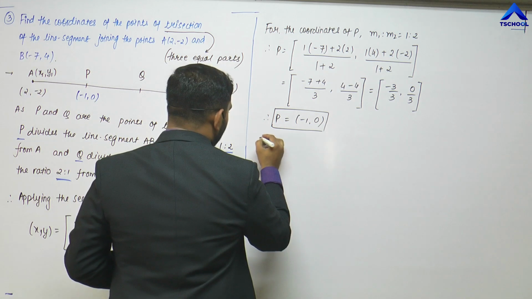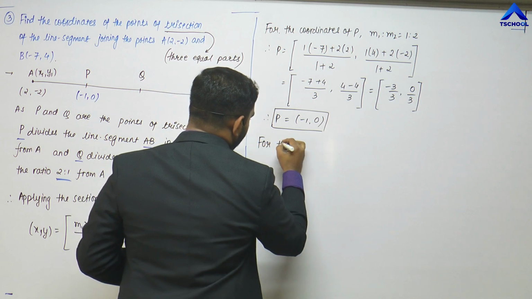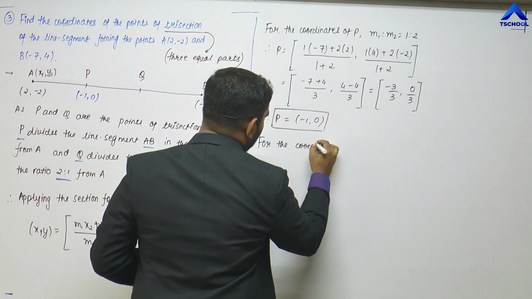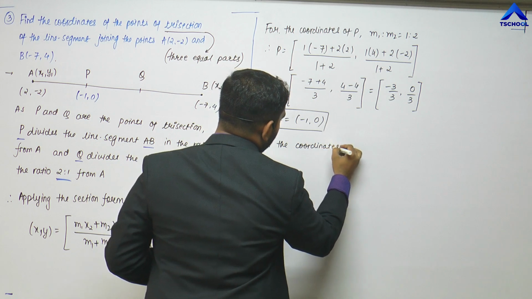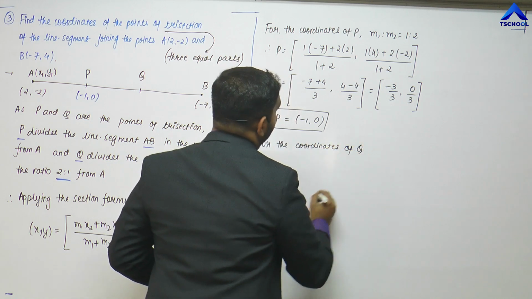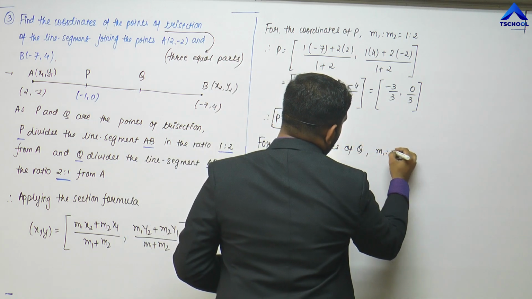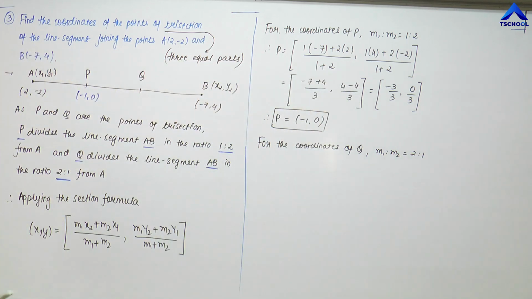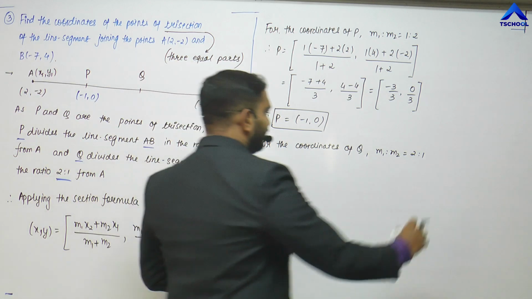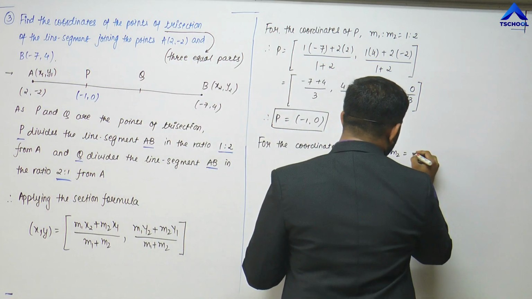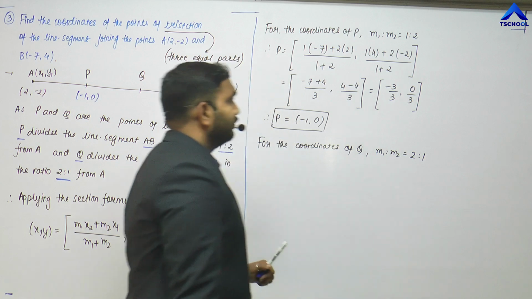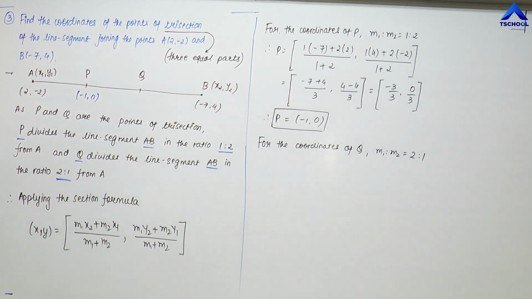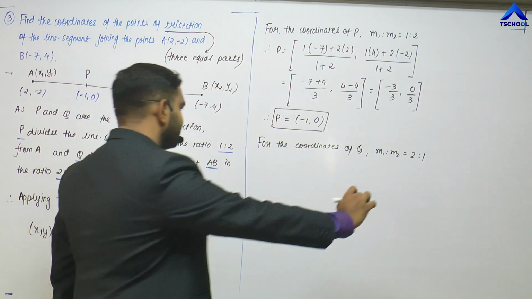Now for the coordinates of Q, m1 is to m2 equals 2 is to 1. So in place of m1 and m2, we simply replace 2 is to 1. Wherever we had m1, we replace 2, and wherever we had m2, we replace 1.